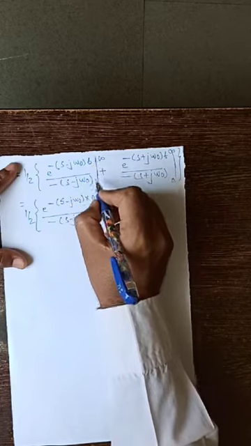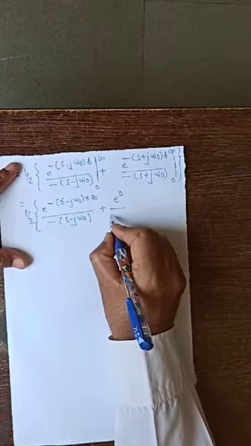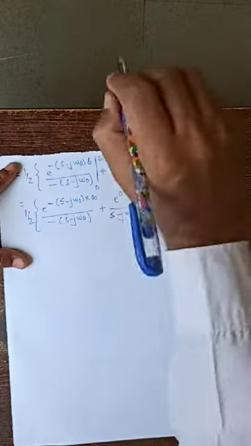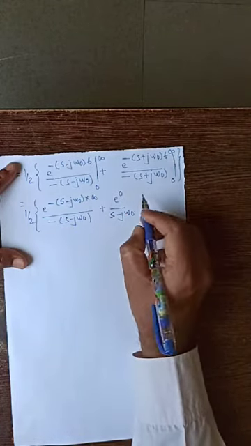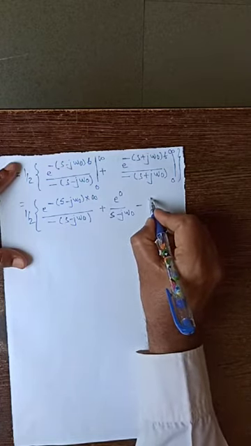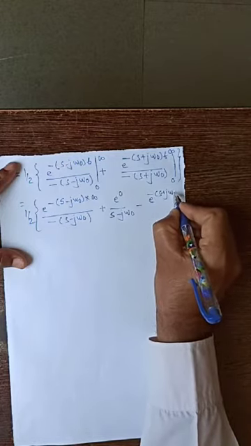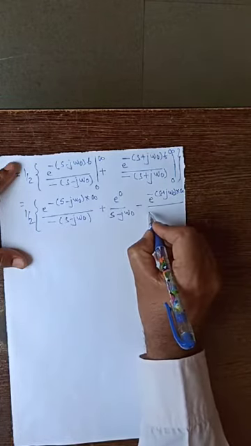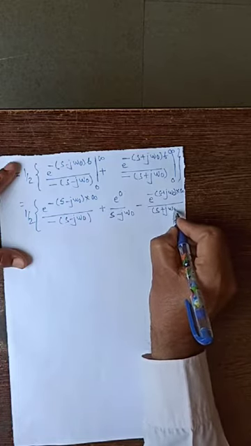Now put the lower limit equal to 0, so e raised to 0 into bracket, divided by s minus j omega naught. Then this term, now put the upper limit, so this is the minus sign, so minus, upper limit is infinity, e raised to minus (s plus j omega naught) into infinity, divided by s plus j omega naught.